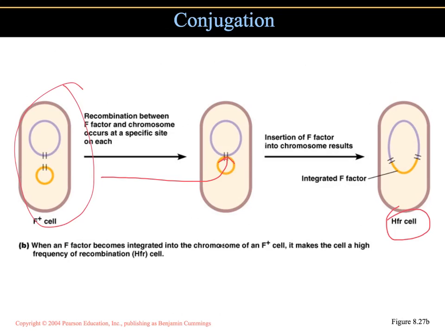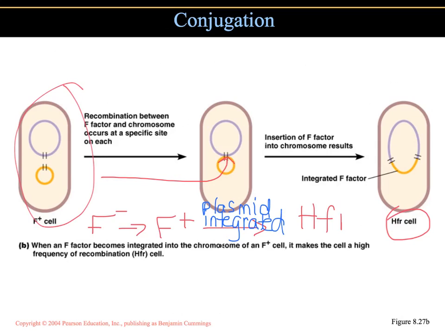So again, the cell would go from being F minus to F plus, and then once the plasmid is integrated into the chromosome, that cell will become HFR, which is a high frequency of recombination.